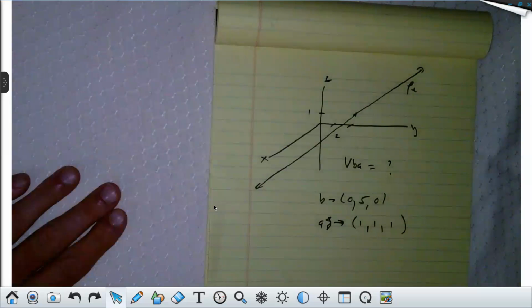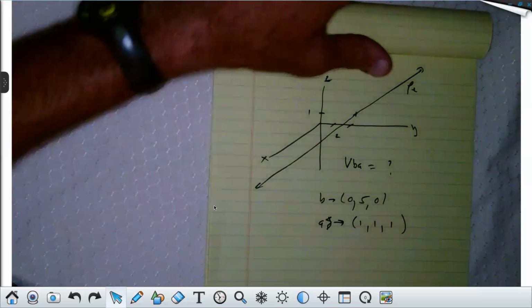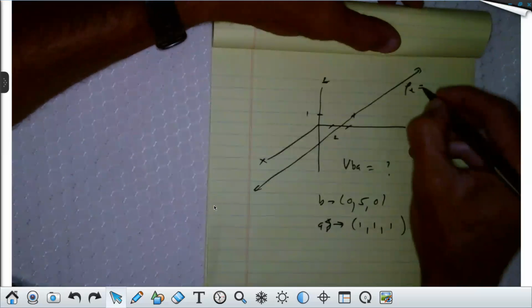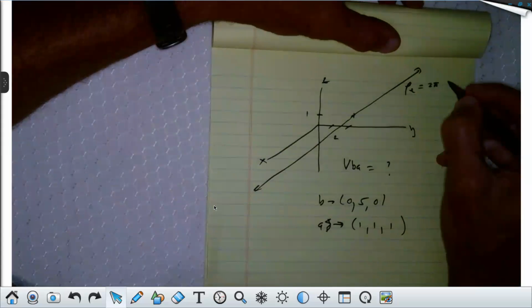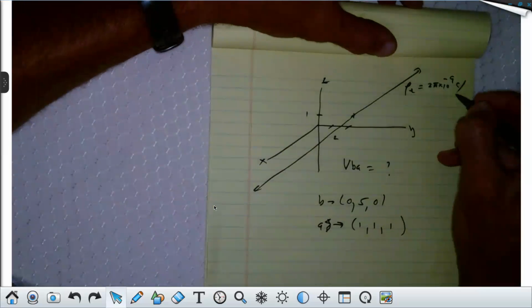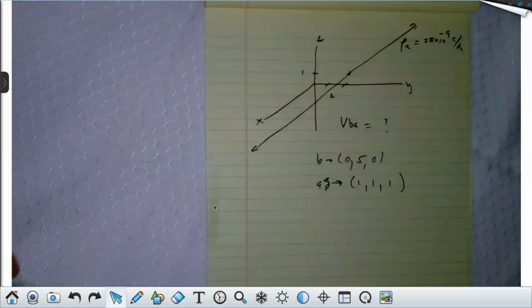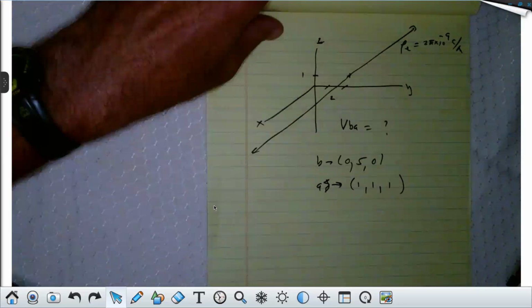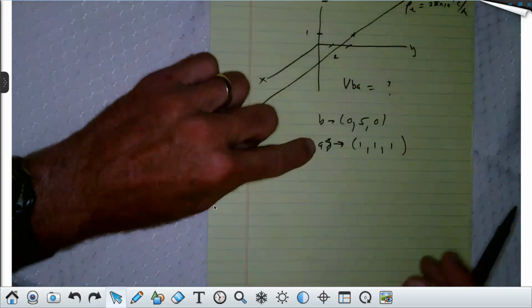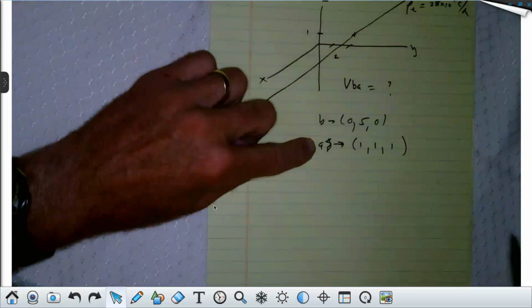This is a very legitimate question, and for the sake of everybody, I'll make rho L equal to 2 pi times 10 to the minus 9th coulombs per meter. You all follow me? So I want to know what the voltage difference is between these 2 points. So how do you get that?